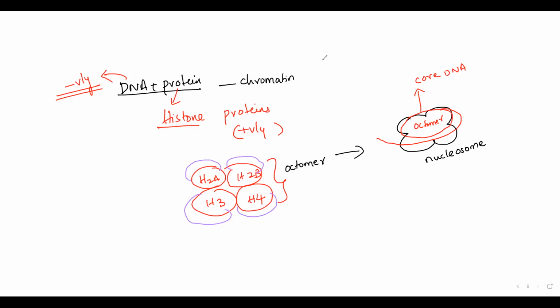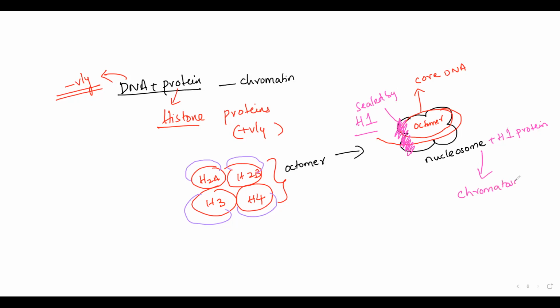This nucleosome is now going to be sealed completely by one of the histone proteins called H1. Then the nucleosome with an H1 protein should be called what? This should be called a chromatosome.